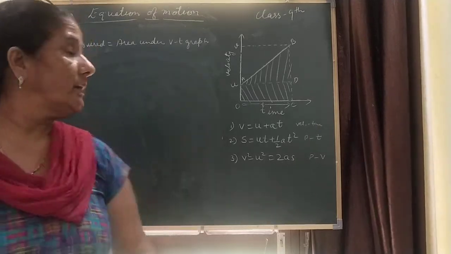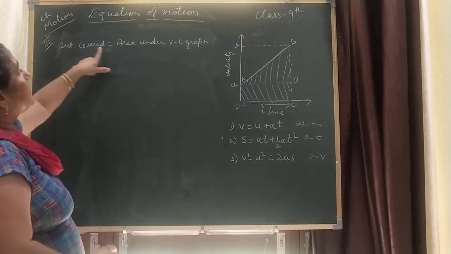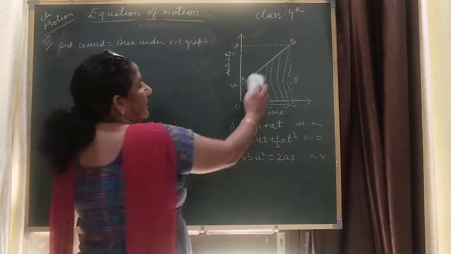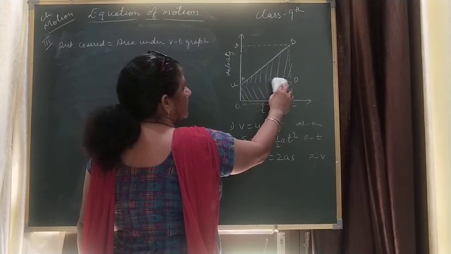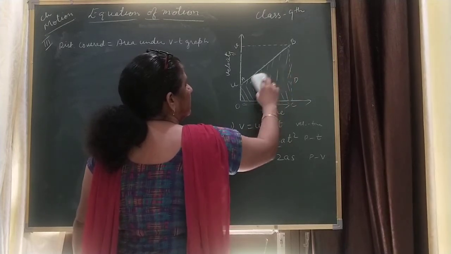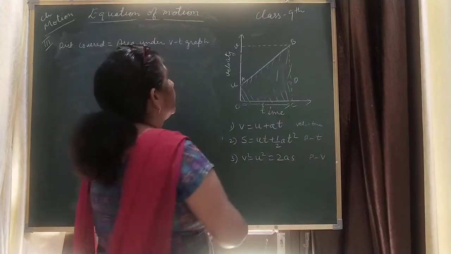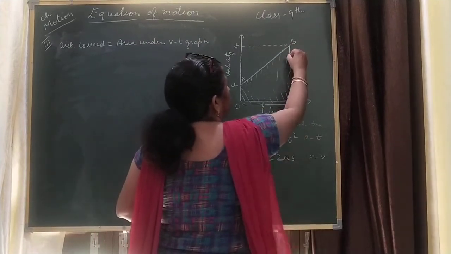Again beta, here distance covered is equal to the area under the VT graph, but here instead of dividing into two portions, let me take it as a single picture.